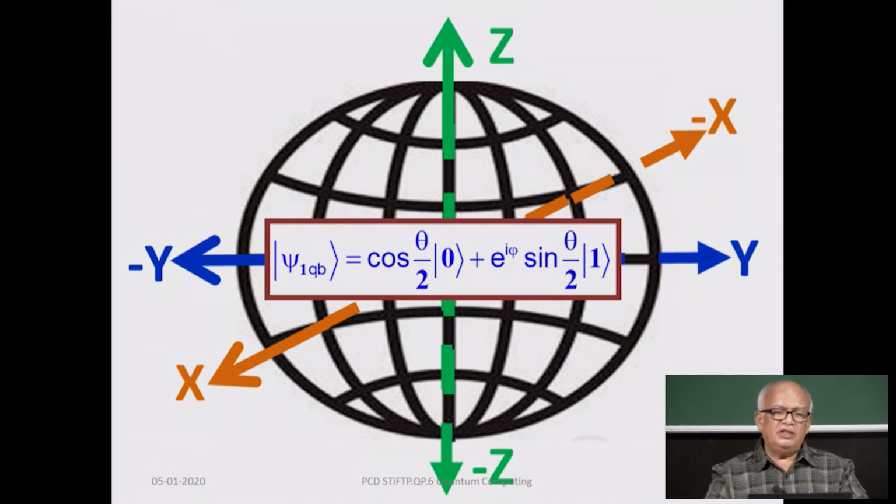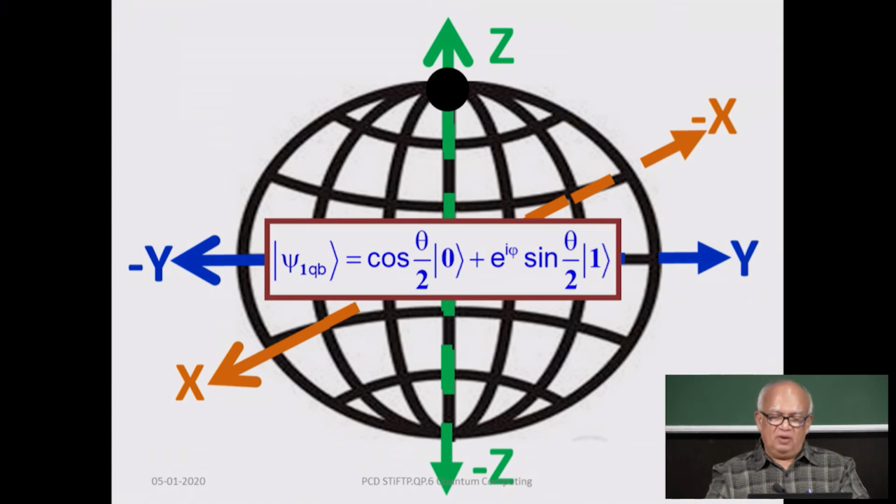So, this is the general expression of a qubit, and if you take a point, let us say at the pole. So, this is the north pole of this sphere, if you like. There is no north star, it does not matter, there is a north pole. This is just for the sake of our discussion.